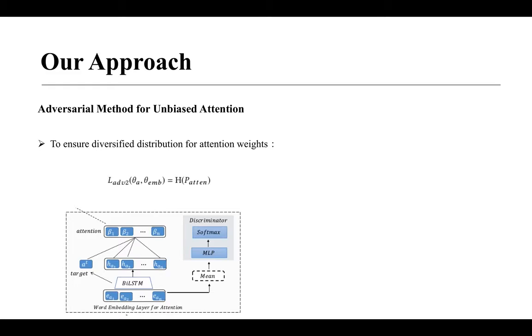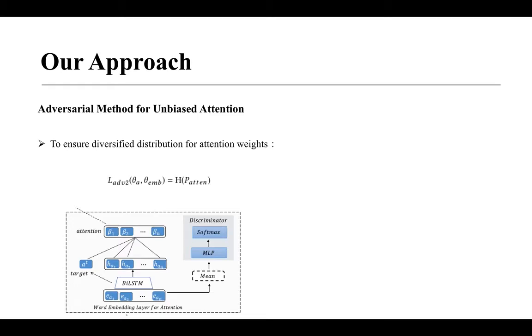To ensure a diversified distribution for attention weights, we minimize the regularization term to enforce uniqueness. As shown in the equation, P represents the distribution of attention.